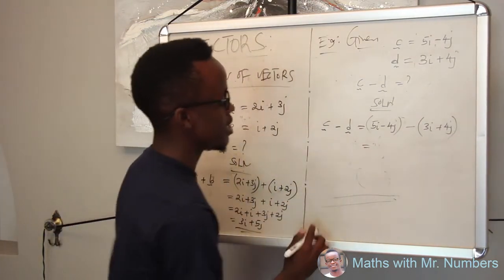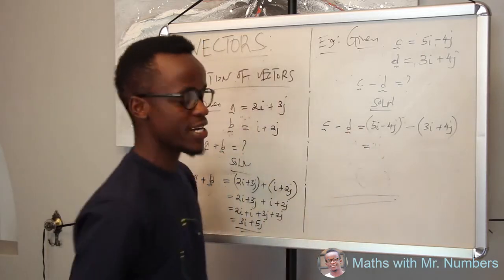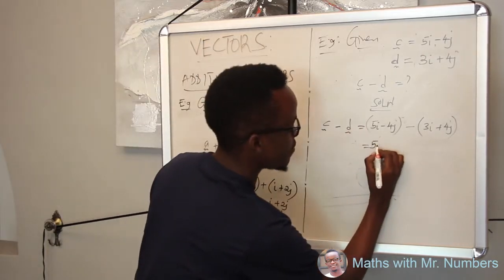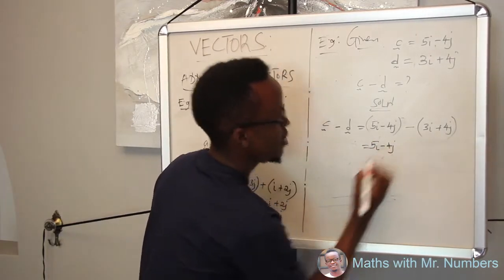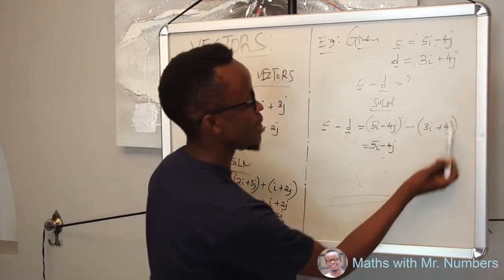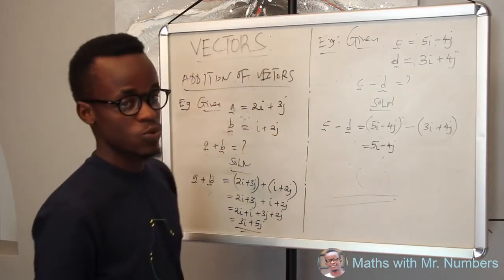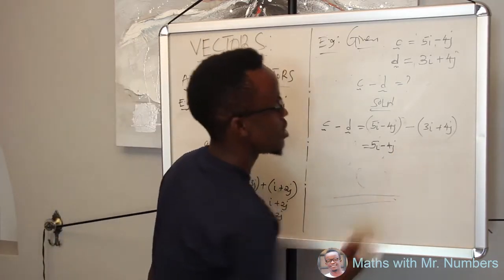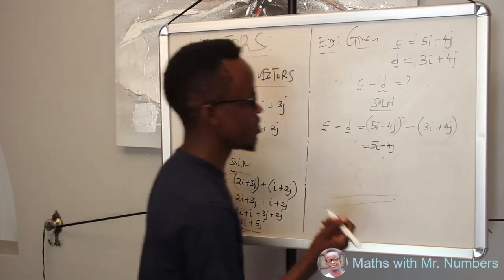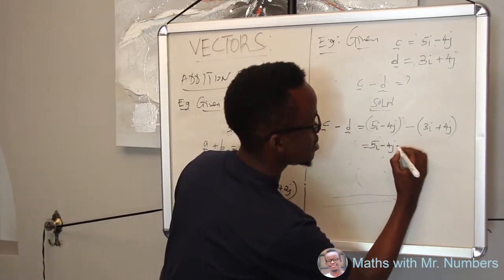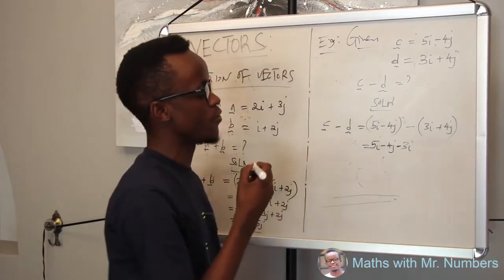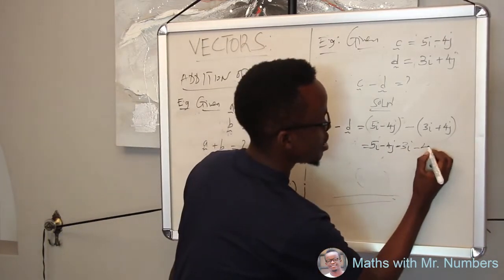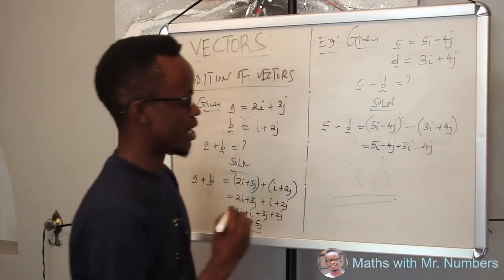In vector C, the number outside the bracket is positive 1. Therefore, we have 5i, and here we have minus 4j. But the number outside the bracket of vector D is minus 1. Therefore, minus 1 times positive 3i is minus 3i, and minus 1 times positive 4j is minus 4j.